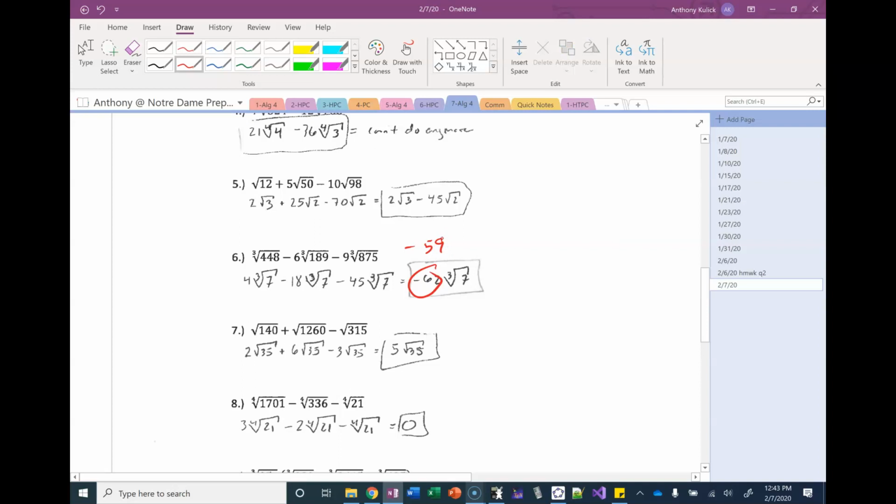For number 6, that coefficient isn't supposed to be negative 62. It's supposed to be negative 69. I did the hard part right, and I had 59. So I did the hard part right, and the step before that, all those numbers are correct. But somehow I said that 4 minus 18 minus 45 is negative 62, which is not even really very close.